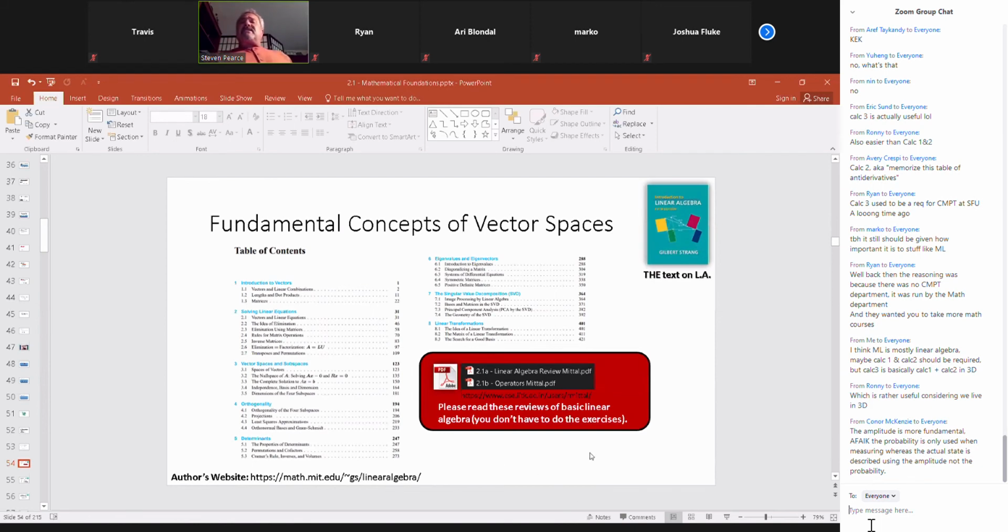If you're really interested, I have a colleague at one of the IIITs in India who has these two excellent PDF files that I can send you, and I will send you if you want it. They're very good. Please read these. You don't have to do the exercises, of course. All right.